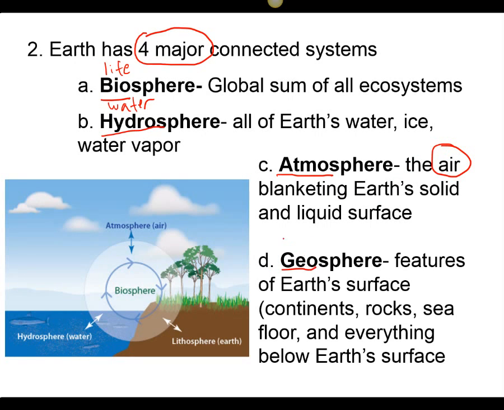And then geo, which refers to earth, or you guys can think of it as rock. So that's all the soil. Okay? So if you look at these four spheres, they kind of work together with each other, right? To make up all of the interactions within the biosphere.